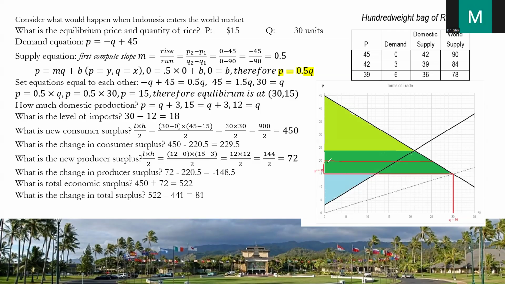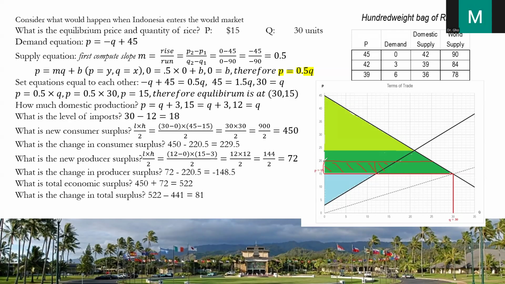With this tariff, this area that I'm shading in was formerly consumer surplus and gets transferred over to the producer. If you want to calculate it, you calculate the area of this rectangle and add that to the area of this triangle. That is the transfer of consumer surplus to producer surplus.